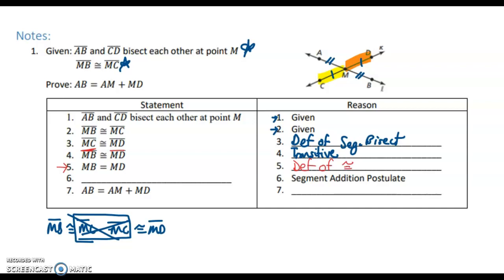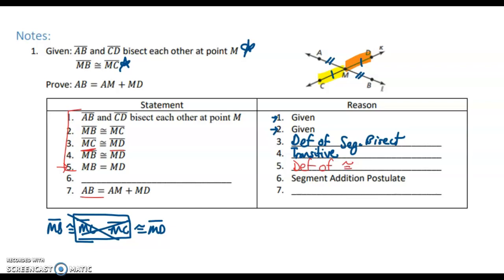Okay, so now line 6 is telling us you need the segment addition postulate. It's making me wonder where I need it, because there are a lot of segments up there. So I'm going to look at line 7 and see where we are headed that I need this information. Do you see on line 7, it's AB equals? I don't have any ABs in lines 1 through 5 other than the statement that it's a bisector.